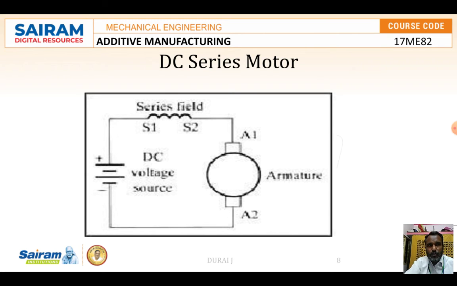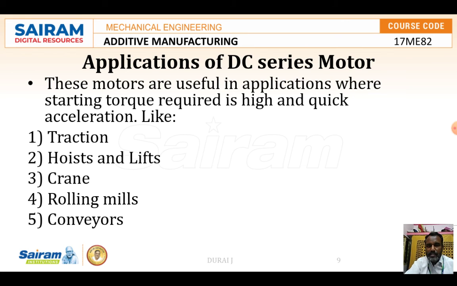Series motors exhibit very high starting torque, highly variable speed depending on load, and very high speed when the load is small. The applications of the DC series motor are traction, hoists and lifts, cranes, rolling mills and conveyors. So this is about the DC shunt motor and DC series motor.